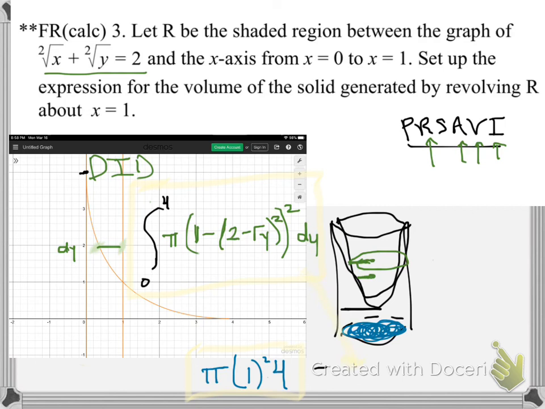Again, this is a calculator problem, so I can use my calculator for this. It's going to make it a lot easier if I did it this way. I bet there are quite a few of you who like looking at it this way. What really helped me here is viewing the big solid and thinking about what it looks like.